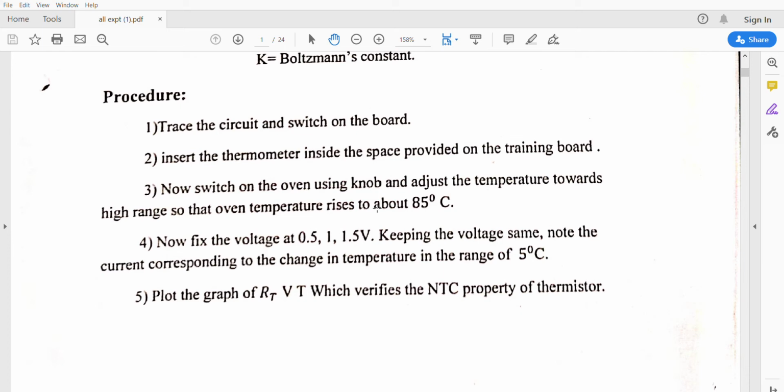So we have to note down the current for every 5 degrees drop in the temperature. When the temperature falls by 5 degrees, at that particular temperature we have to note down the reading of the current.